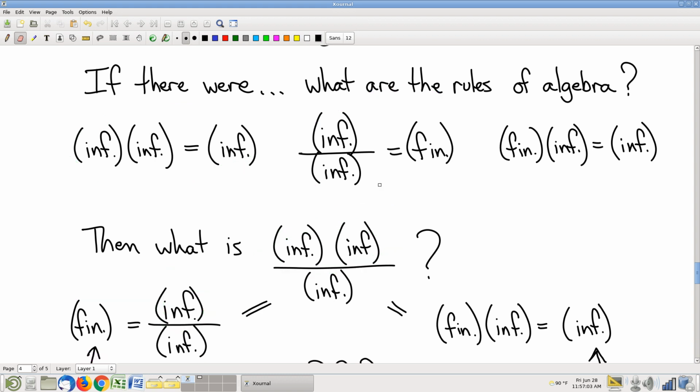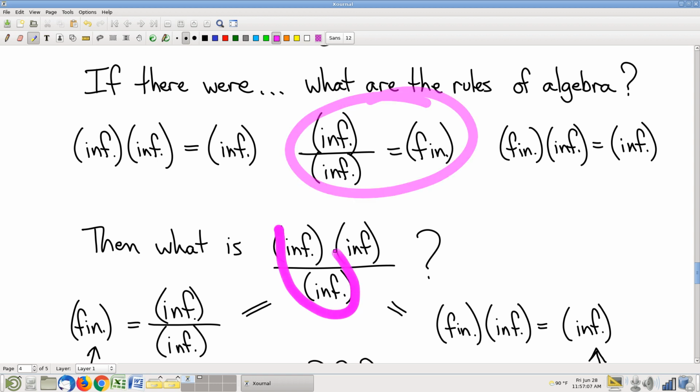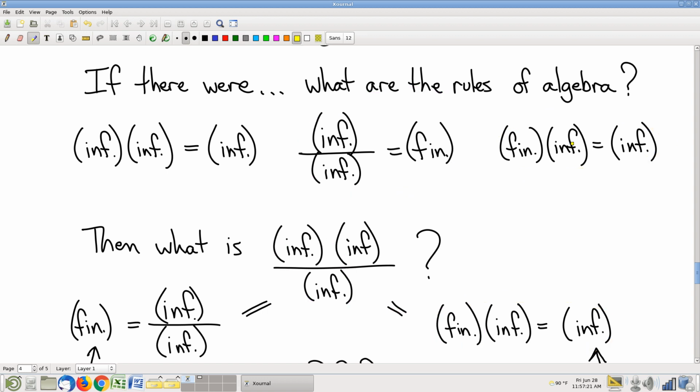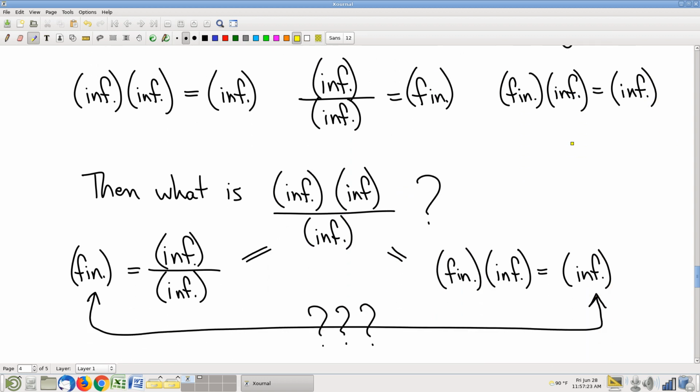On the other hand, if you look at this rule as relates to that, it says that this should be finite. And then this says finite times infinitesimal should be infinitesimal. So wait a minute, what's going on here? This thing that we were just asking about, which is it? Is it finite or is it infinitesimal?